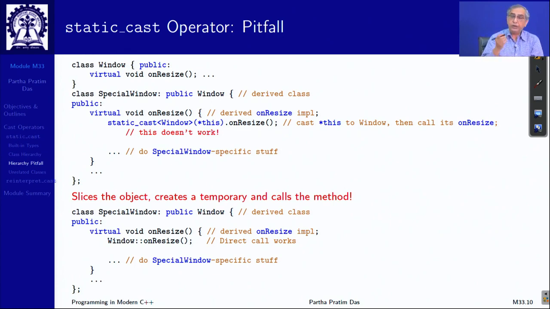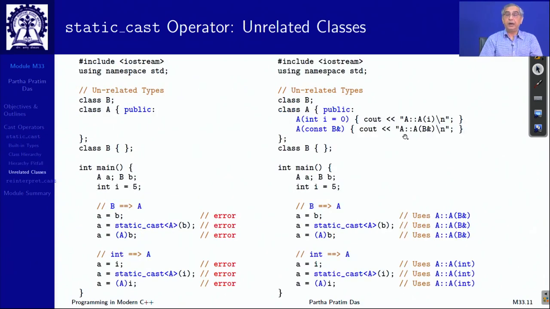What you should do is very simple: directly call the base class function, Window::onResize, so that it is called on the current object, effects also happen on the current object, and everything works fine. So, please be careful about this pitfall. I have shown it in the context of Windows programming, but it is a very general issue.